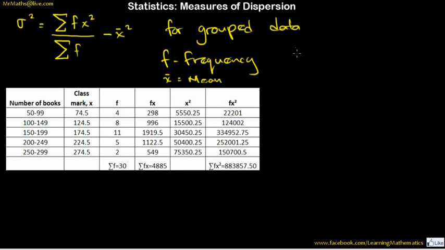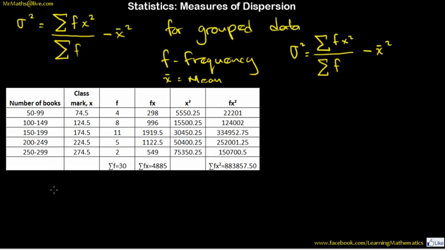So again, the formula of variance is the summation of fx squared over the summation of f, minus x bar squared. So what is x bar, first of all?